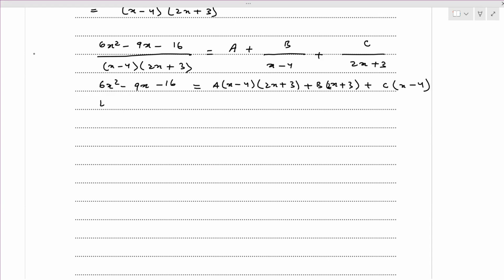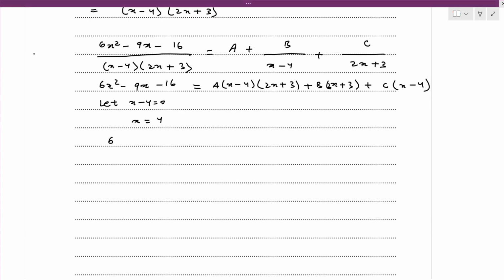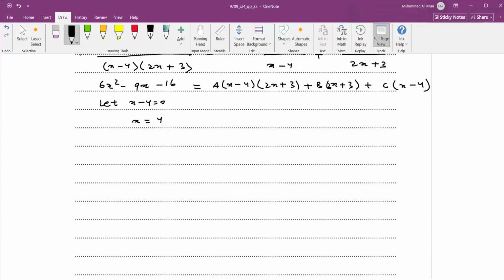Now, first of all, let x minus 4 equal 0. So x is equal to 4. When we substitute x in the left-hand side, the result is 44.